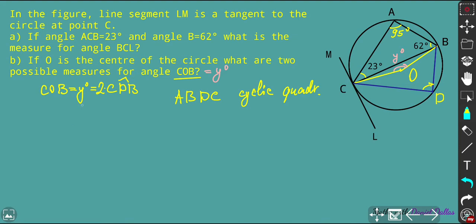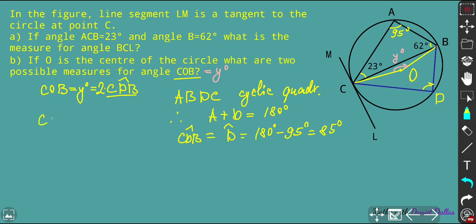That's the property of a cyclic quadrilateral. So angle A plus angle D equals 180 degrees, and angle D is 180 minus 95, which is 85 degrees. So CDB is the same as angle D, 85 degrees.